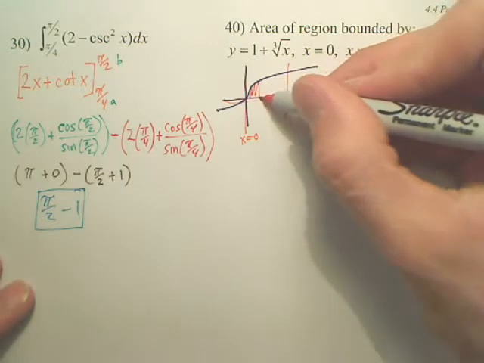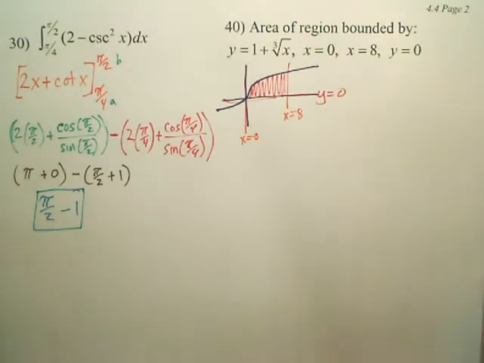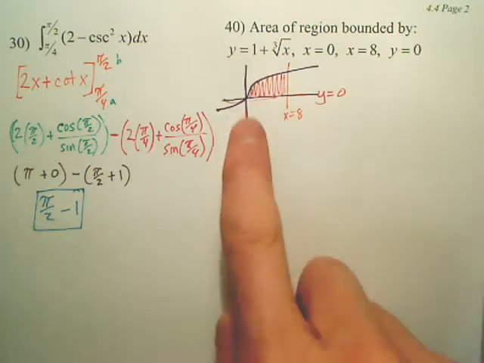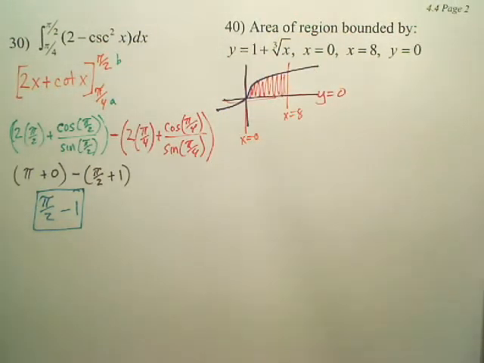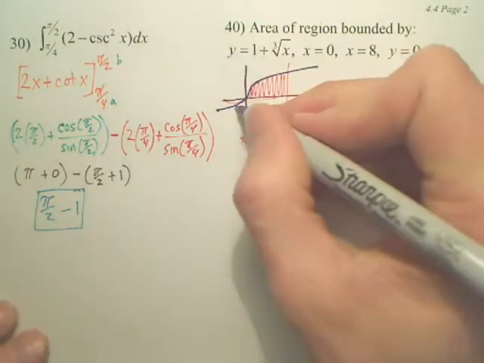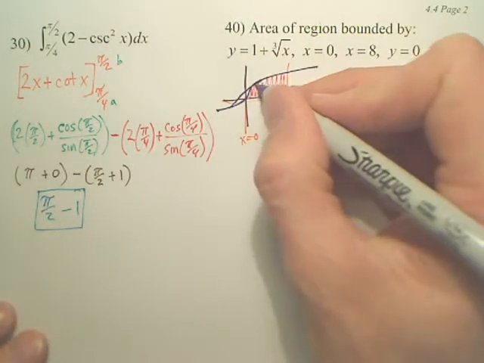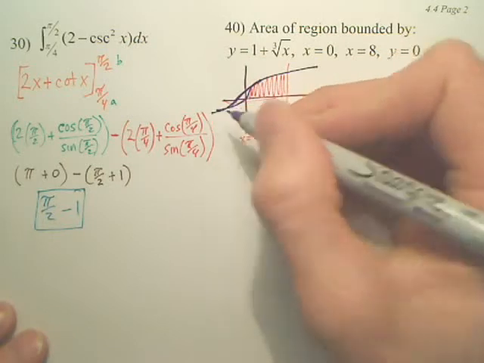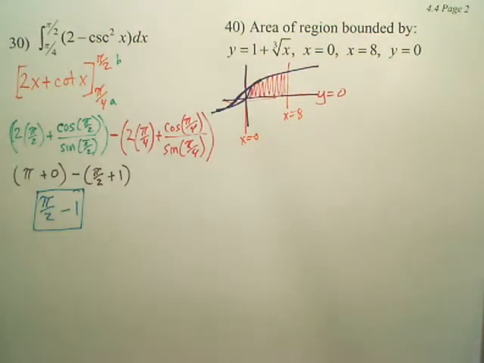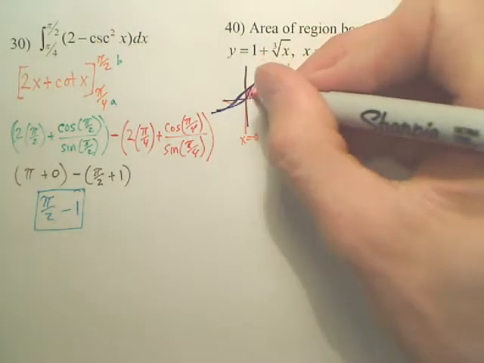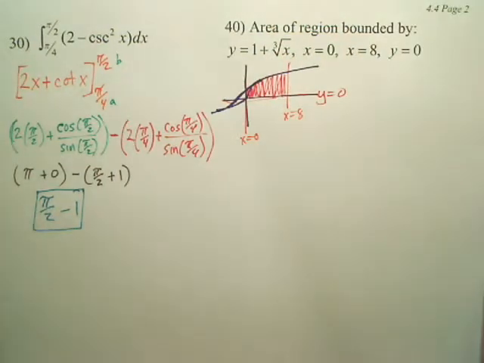So do you see some area right here? Do you understand we're trying to find that area? This is y equals 0, this is x equals 0, this is x equals 8. Actually, I think this graph goes up and crosses right there. I don't know. But basically, do you understand that's what they're trying to find, that area right there?